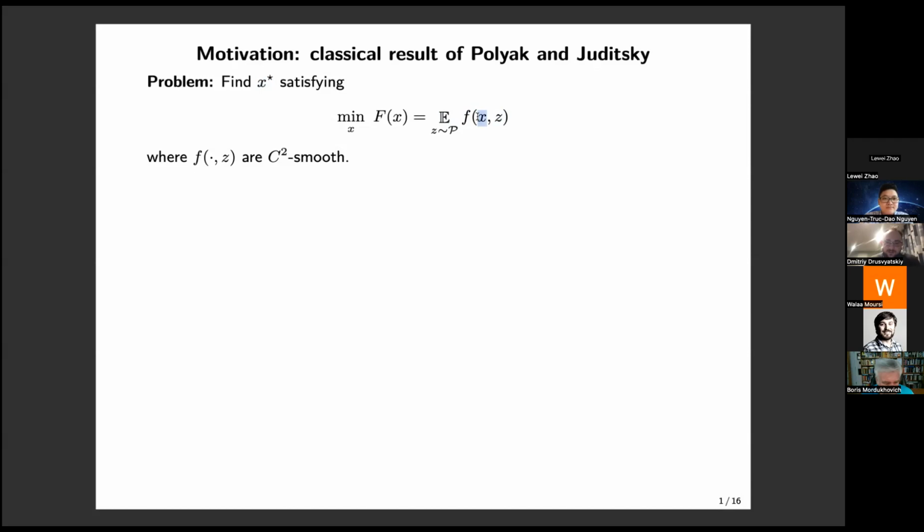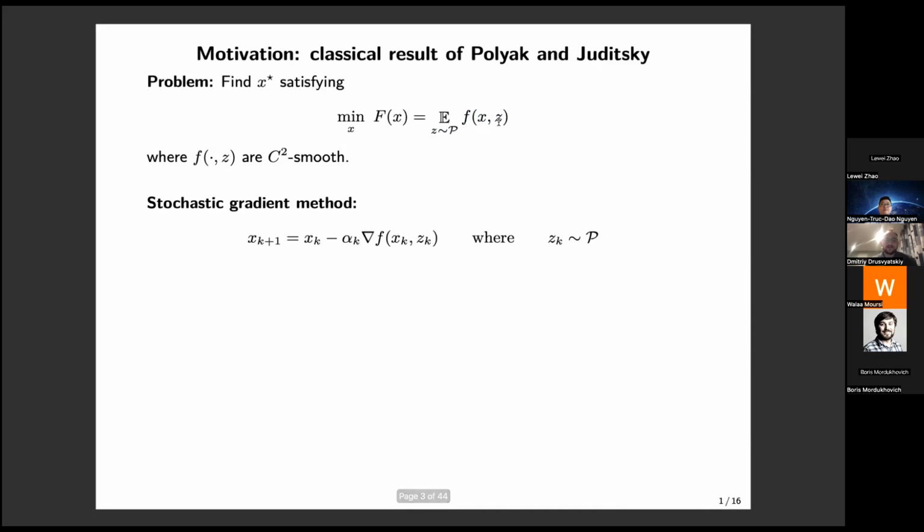You have the decision variable x, you minimize over x, and the expectation is taken with respect to this auxiliary data point z that follows some probability distribution P. And for now, in this motivation slide, I'll assume that these functions are smooth in x. The main assumption is that the only access we have to the distribution P is by sampling. So we get to see a sample z from P, and the corresponding sampled function f(x, z) for that sample z.